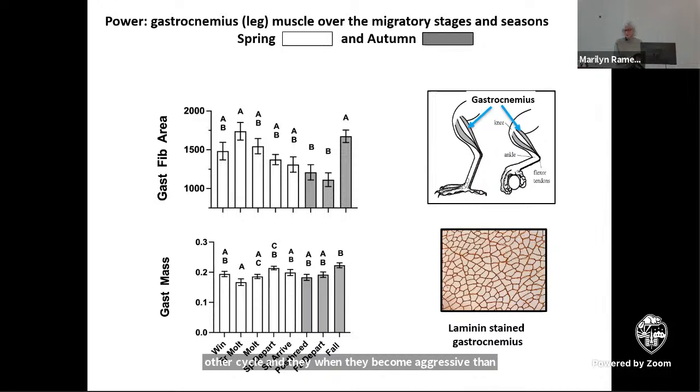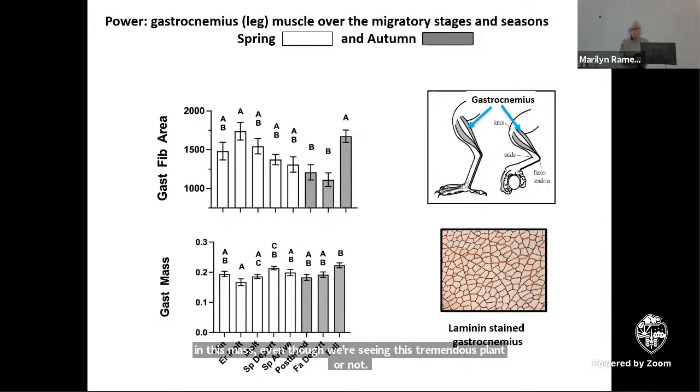They're flying short distances, but it is nothing compared with what they do during migration. Gastrocnemius medius mass, even though we're seeing this tremendous change, we're not picking up much across the mass. The muscles are really small. But if you look at something like a diving duck or a goose, the gastrocnemius medius plays a huge role, and there are a lot of changes that we wouldn't see in passerines.